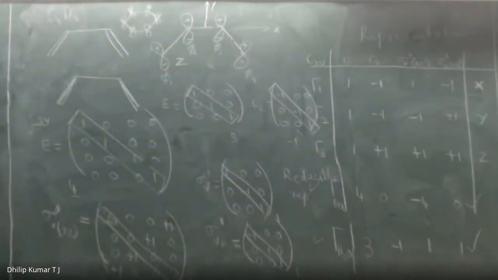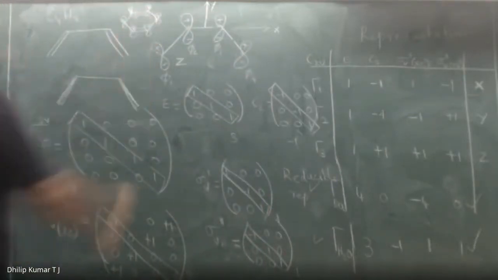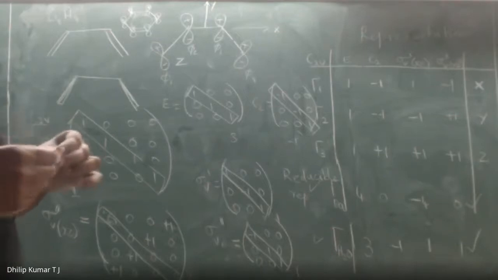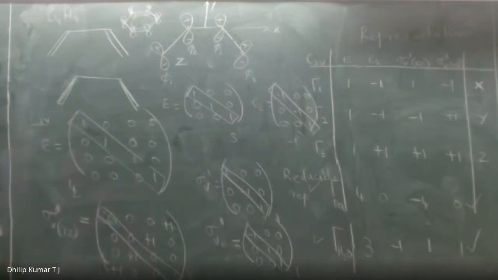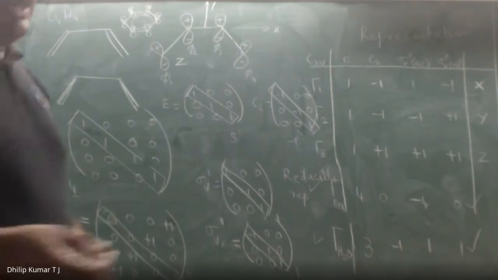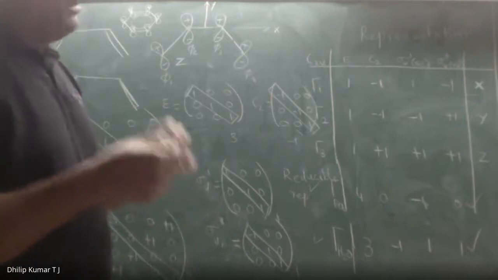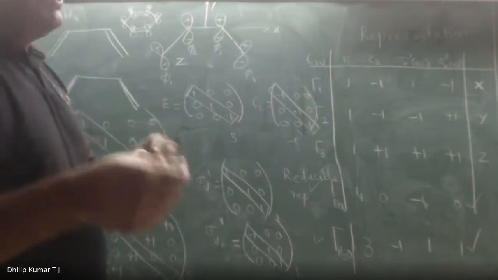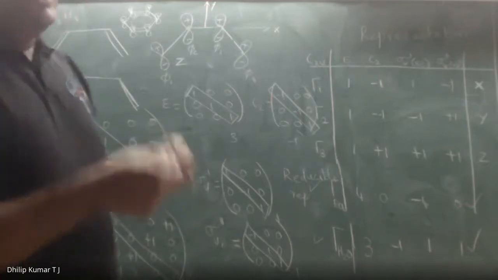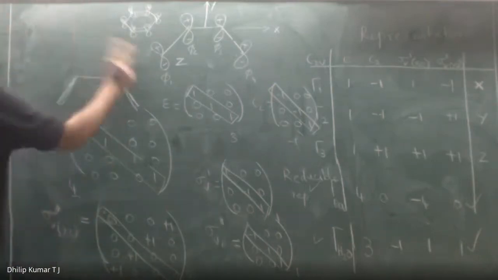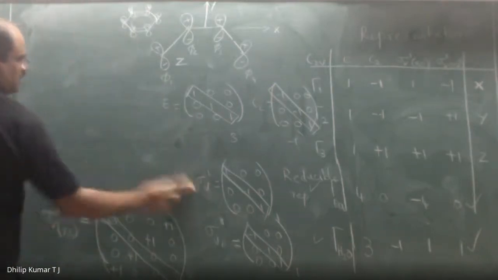And then say you are considering each atom, and for each atom that could be X, Y, Z. In water itself, 3 atoms are there, oxygen and 2 hydrogens. For oxygen that could be X1, Y1, Z1, for the first hydrogen H1 it could be X2, Y2, Z2, and for the second hydrogen H2 it could be X3, Y3, Z3. So we have to take a bigger basis.